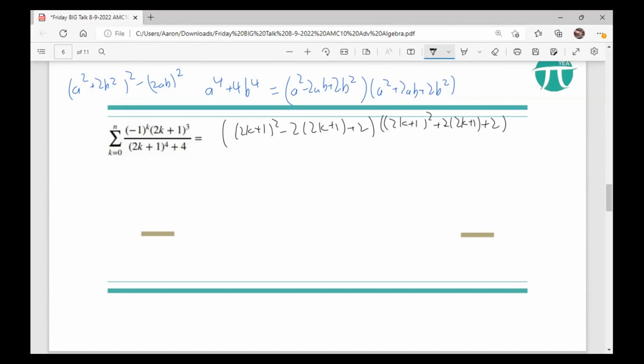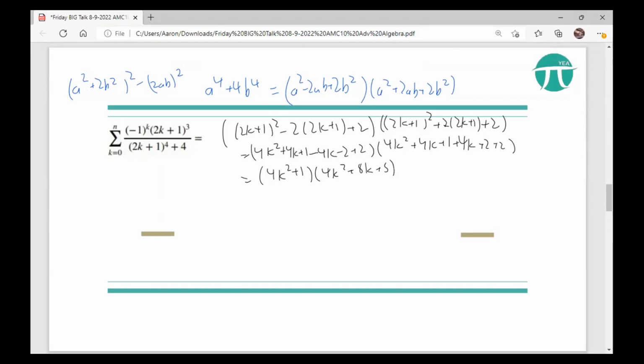And so this is 4k squared plus 4k plus 1 minus 4k minus 2 plus 2, times 4k squared plus 4k plus 1 plus 4k plus 2 plus 2. And this simplifies to 4k squared plus 1 times 4k squared plus 8k plus 5.